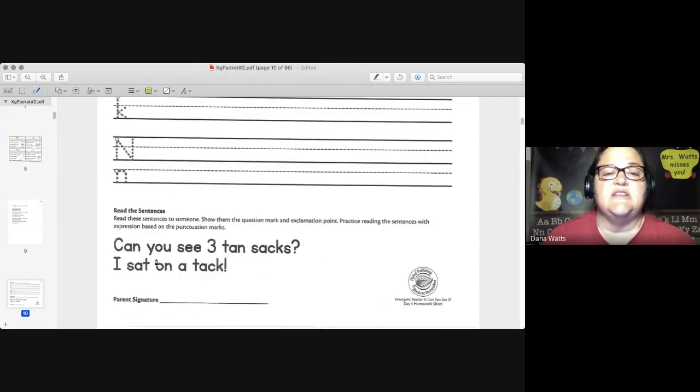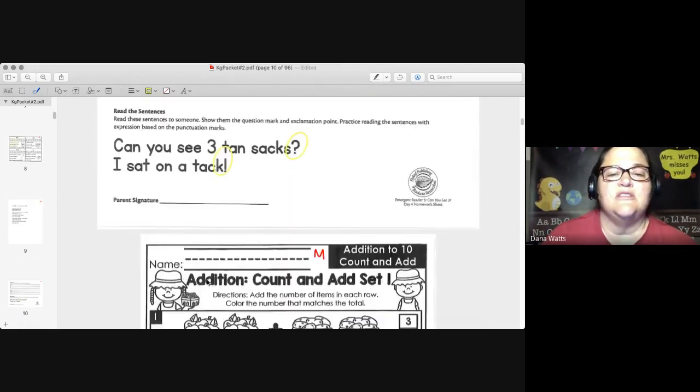And then it says, read these sentences to show to someone and show them the question mark and the exclamation point. And practice reading the sentences with expression. So if it has a question mark, you would read it, can you see 3 tan socks? Should sound like a question. And then an exclamation mark, I sat on a tag. So make sure those exclamation marks, when you see them, you read those with feeling.